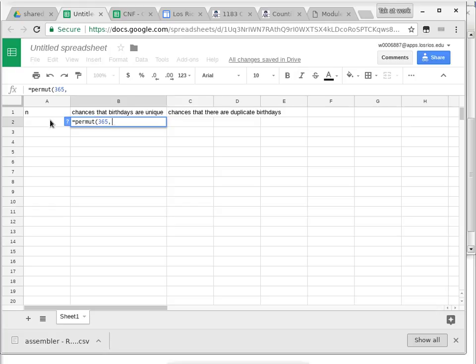In this case, n is just whatever that cell is, and then this whole thing divided by 365 to the power of the same n, and we get something that is really close to 1. Oh no, it is 1 because we only got one person, so that person has to have the unique birthday. Okay, that makes sense. So when you look at the chances of people having different birthdays, it's going to be 1 minus this number, which is 0.